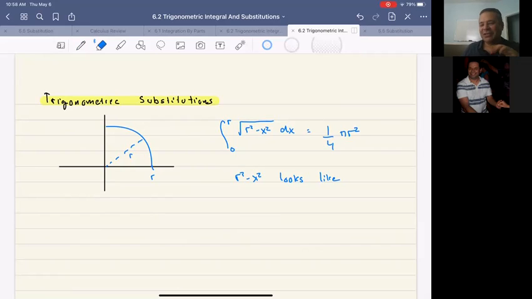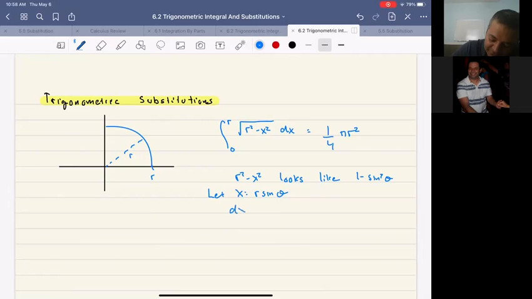Instead, it looks like 1 minus sine squared of theta. So what we're going to do is let x equal r sine of theta. That's going to be our substitution. dx is then going to be r cosine theta d theta.